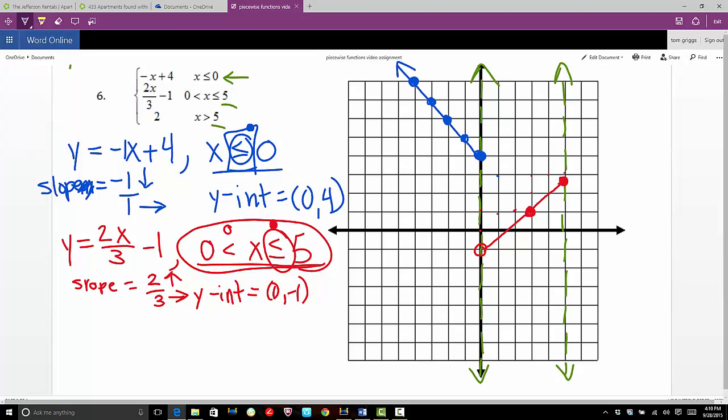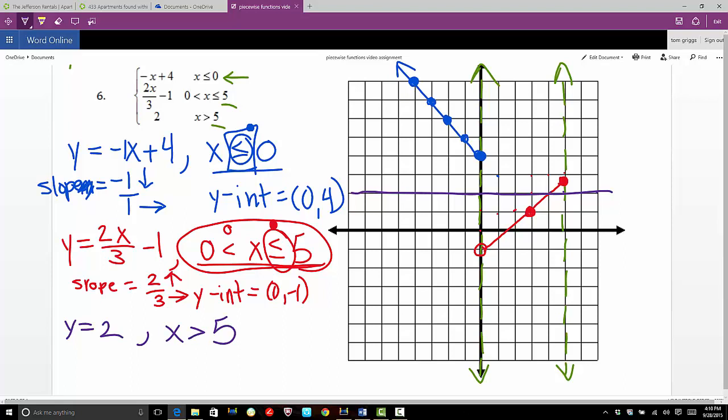The last line is the line y equals 2. Again, that's just a horizontal line where y is always equal to 2. So essentially it's this line right here. But we only want the piece where x is greater than 5.